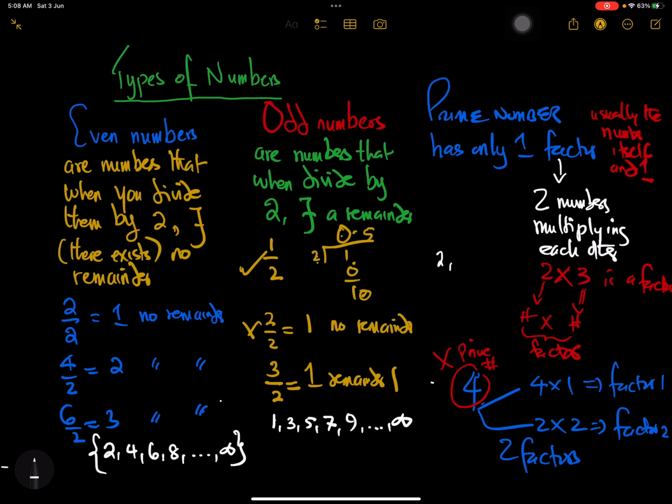We also have three, not four, because four has two different factors. Five, not six, but seven, not eight, not nine, because nine has nine times one and three times three. And not 10, but 11.